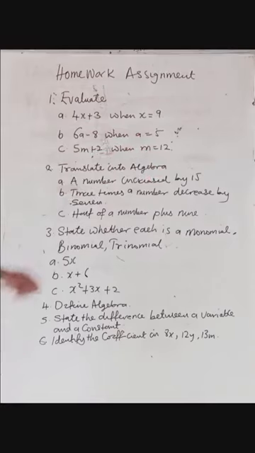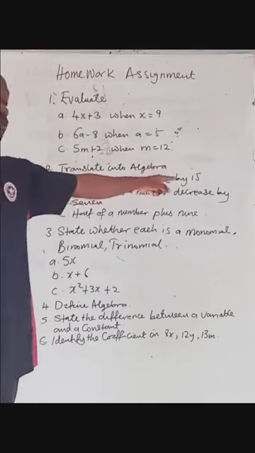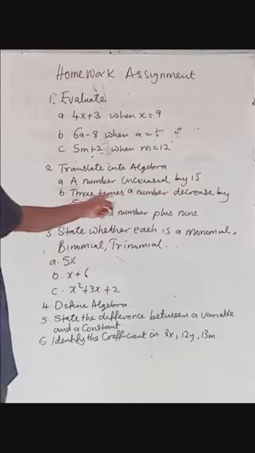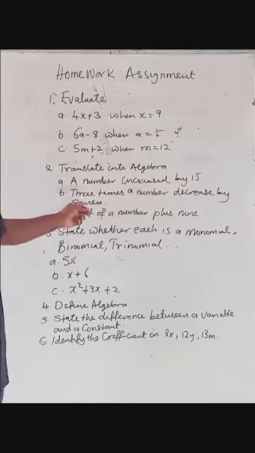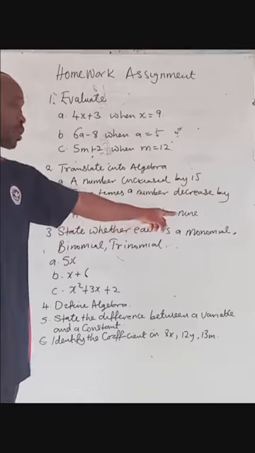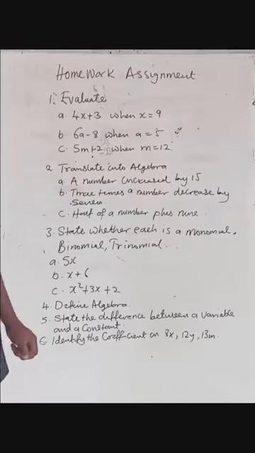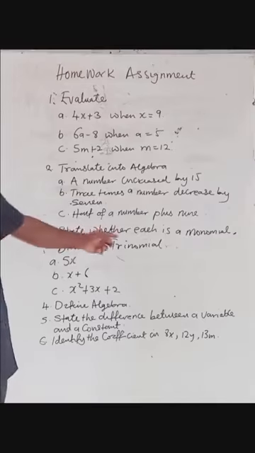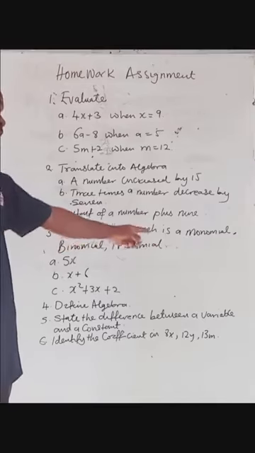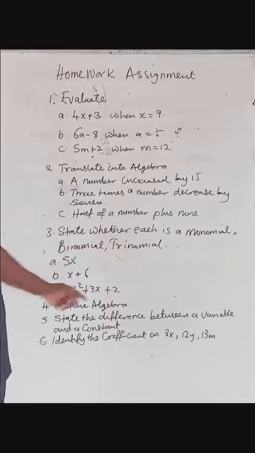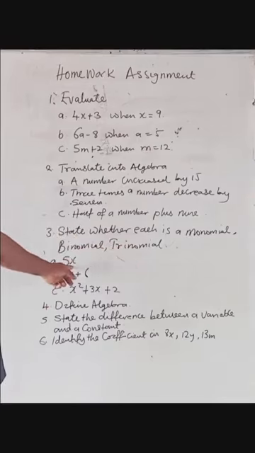Question number 2, translate into algebra: A, a number increased by 15. B, 3 times a number decreased by 7. C, half of a number plus 9. Question number 3. State whether each is a monomial, a binomial, or a trinomial. A, 5x.